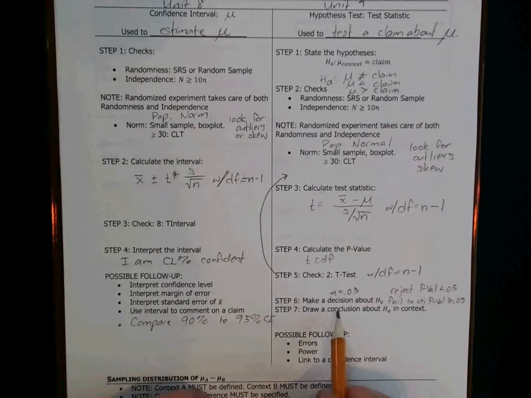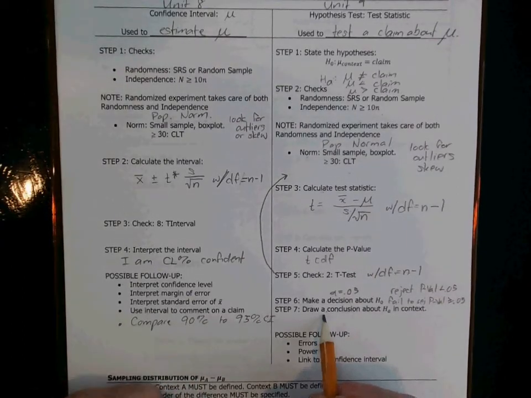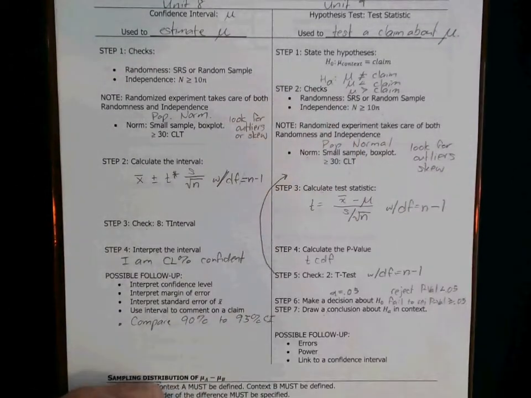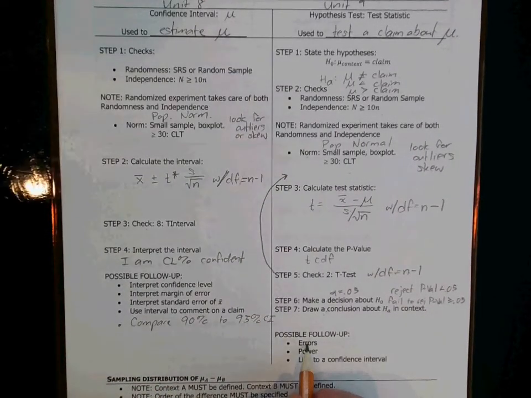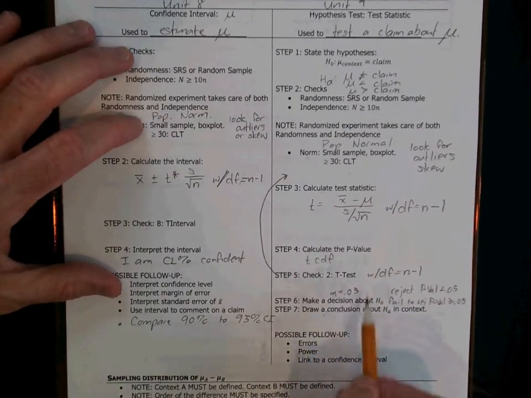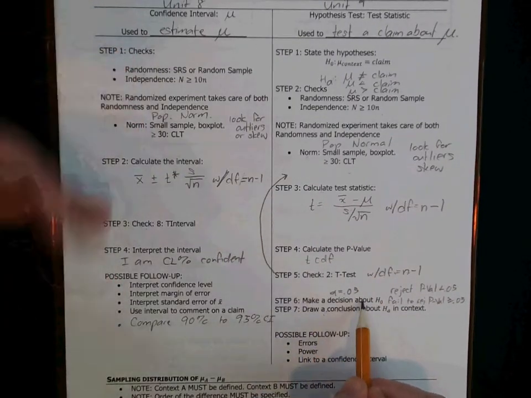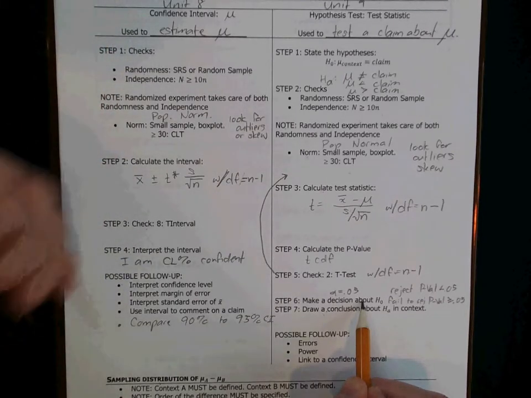And then draw a conclusion. The conclusion is, I do have significant evidence, or I do not have significant evidence. And then you'll talk about the alternate in context. Some possible follow-ups talking about errors. Describe a type 1 error in context. Or, based on the conclusion you made, what type of error could you have made?